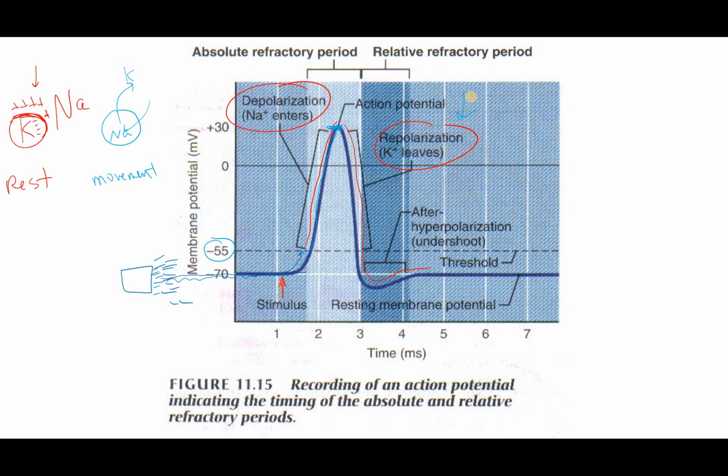Okay, potassium leaves the extracellular area and goes back to the inside, and sodium leaves and goes back to the outside. So everything switches. It goes back to the resting phase. That's repolarization. And now we're declining in millivolts. We dip down to the refractory period, and then it goes back to negative 70, the resting potential.